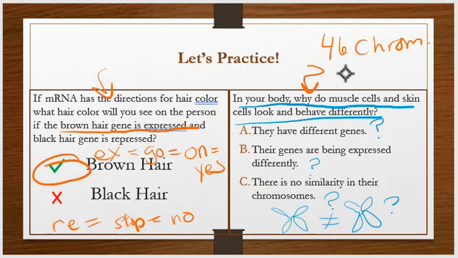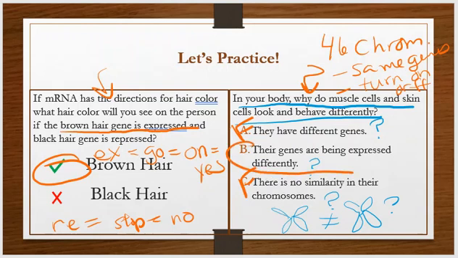On those 46 chromosomes, they have the same genes, but they may or may not be expressed. So they can be turned on or off. But they're all always there. So they don't have different genes. This is false. And there is a similarity between the chromosomes. So the answer must be B.